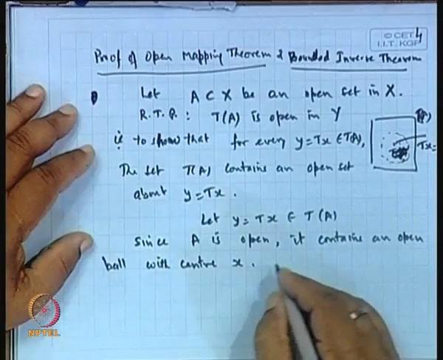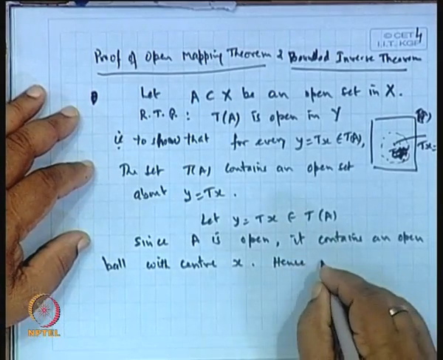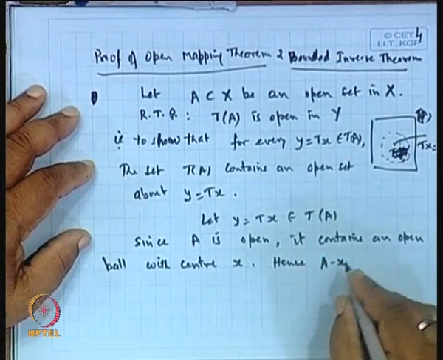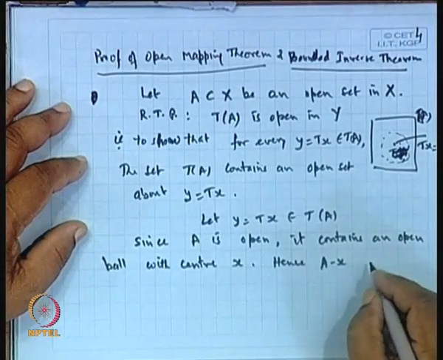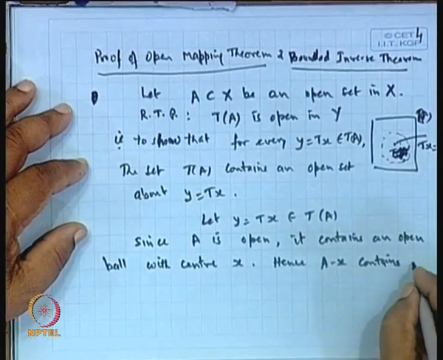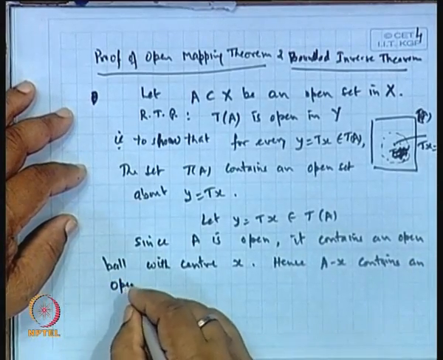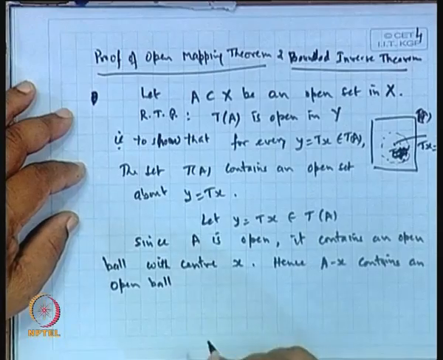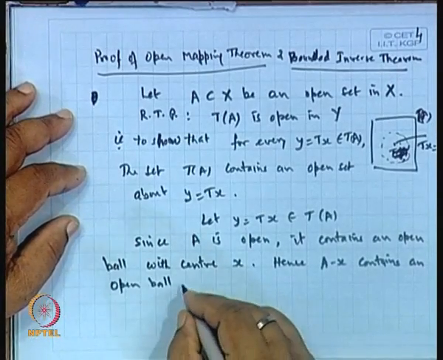Hence, A minus x contains an open ball with center 0.